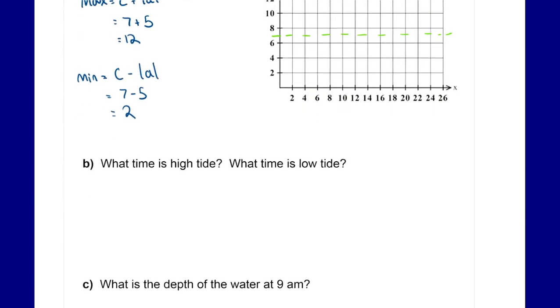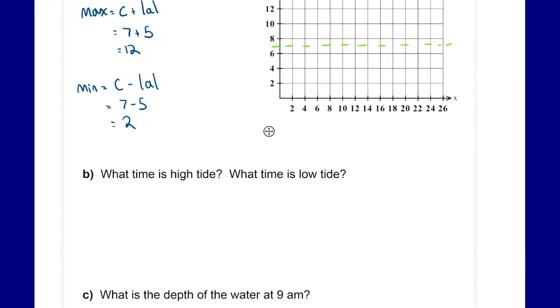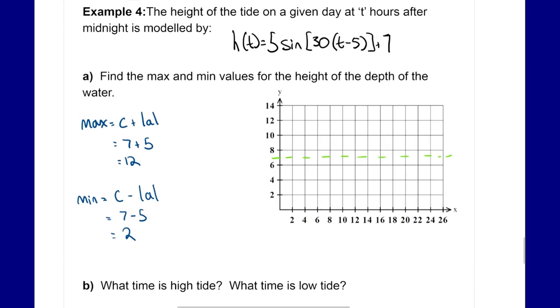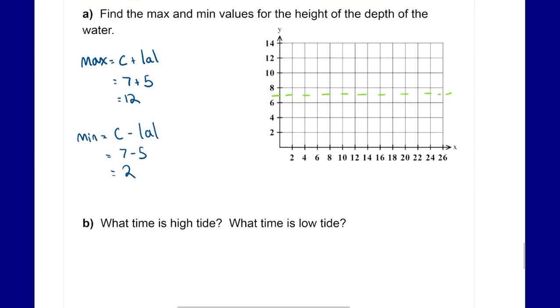Next, we want to figure out what time is high tide and what time is low tide. So we have to think about when these different times are going to occur. Now, we do know that the first rising midline is going to be at 5. And we get that from the equation of t minus 5.